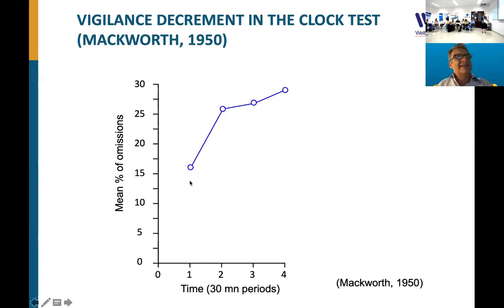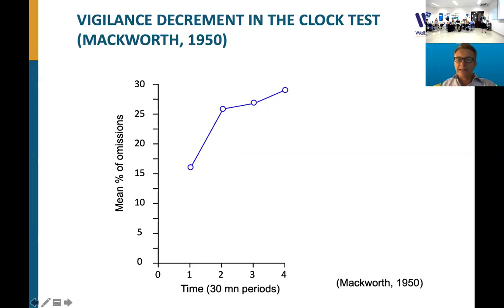So what you can see is that in the first 30 minutes, there was 15% of omission, which was not bad. But after the second 30-minute period, you have a significant increase of omission. It goes to 25%, and then it continues increasing after 1 or 2 hours.